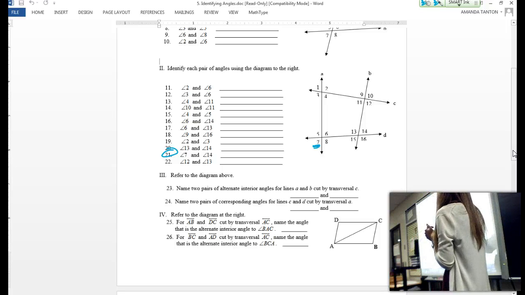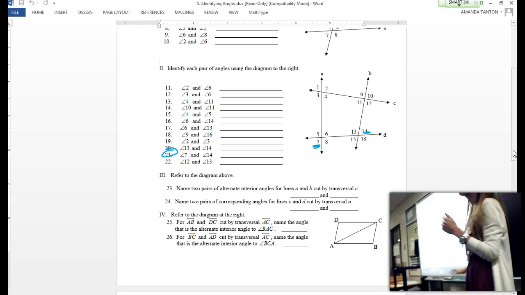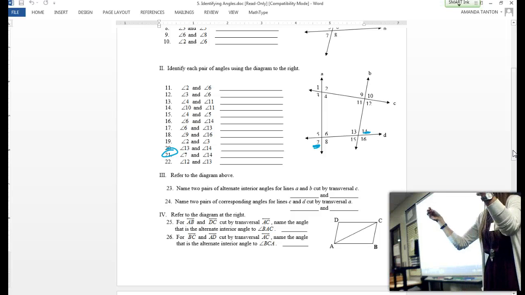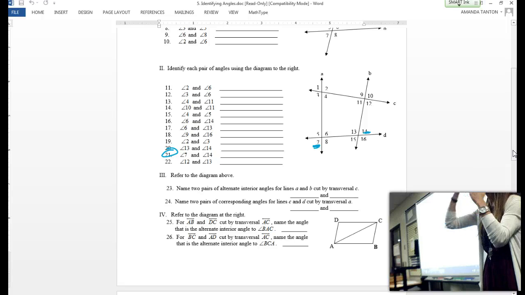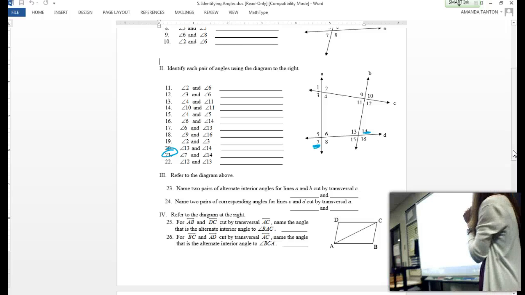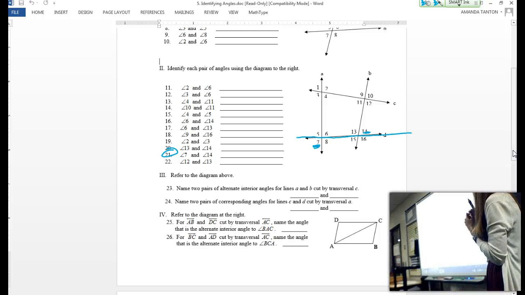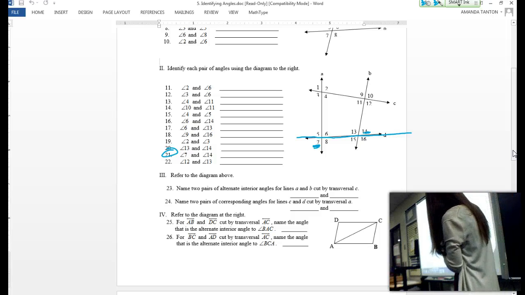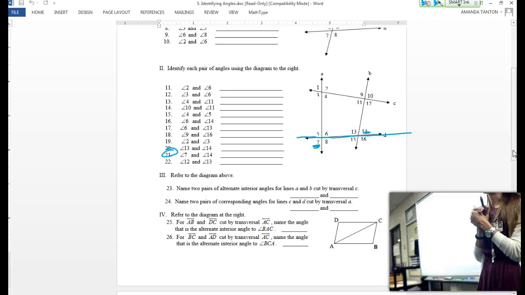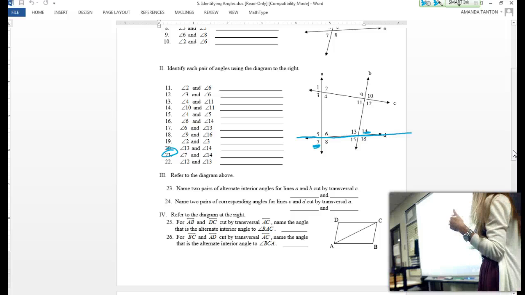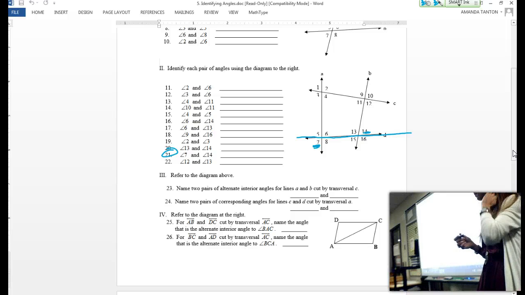7 and 14. 7 is right there. I underlined it, and 14 is right there. This is one of the ones where I would take my paper, and what did I tell you to do? Rotate it 90 degrees. Make your transversal be going vertical, up and down, instead of left, right. I'm not going to do that on the computer screen, but if we look at those 2, 7 and 14, we need to ask ourselves, are they on the same side of the transversal or alternate sides?